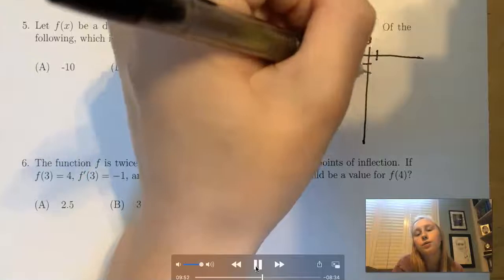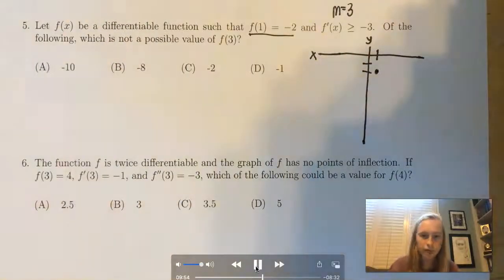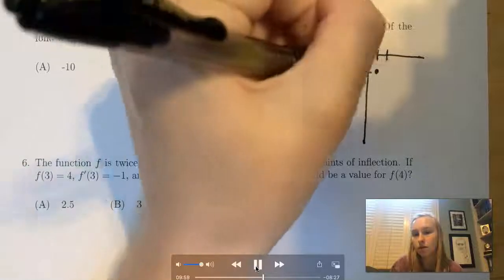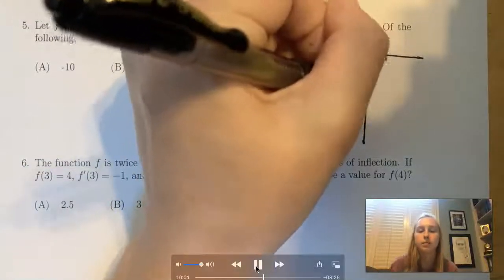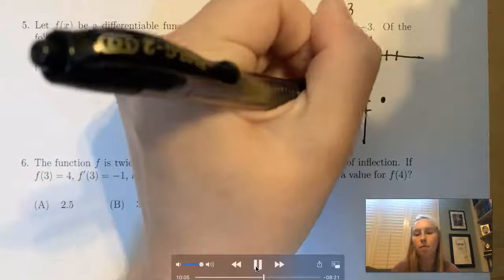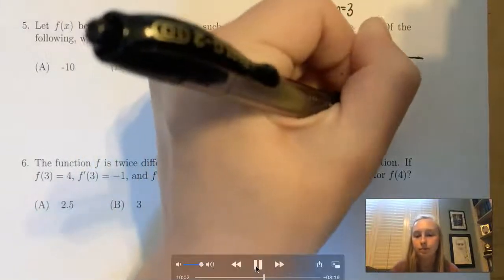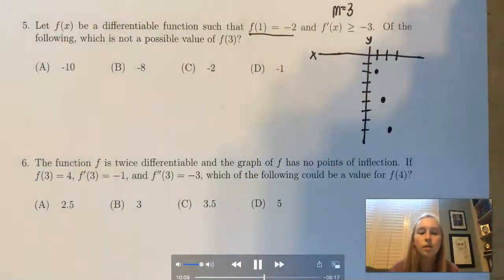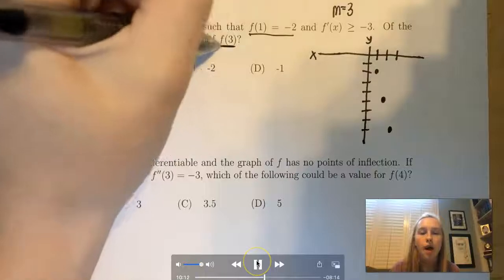So we're given (1, -2), so that's where we're going to start. And then we're given a slope of -3, excuse me. Sorry. It should be -3 with the m, and it says -3 in the problem. So that is our f of 3.